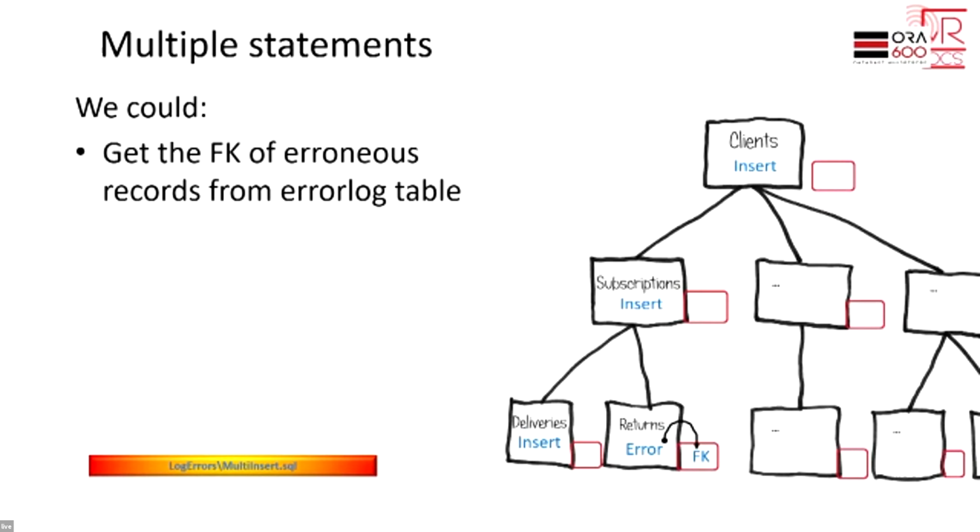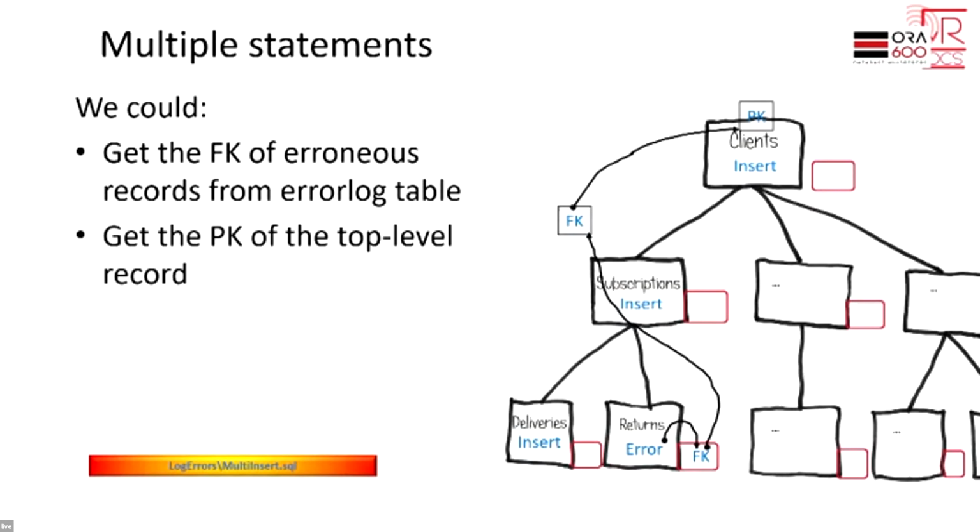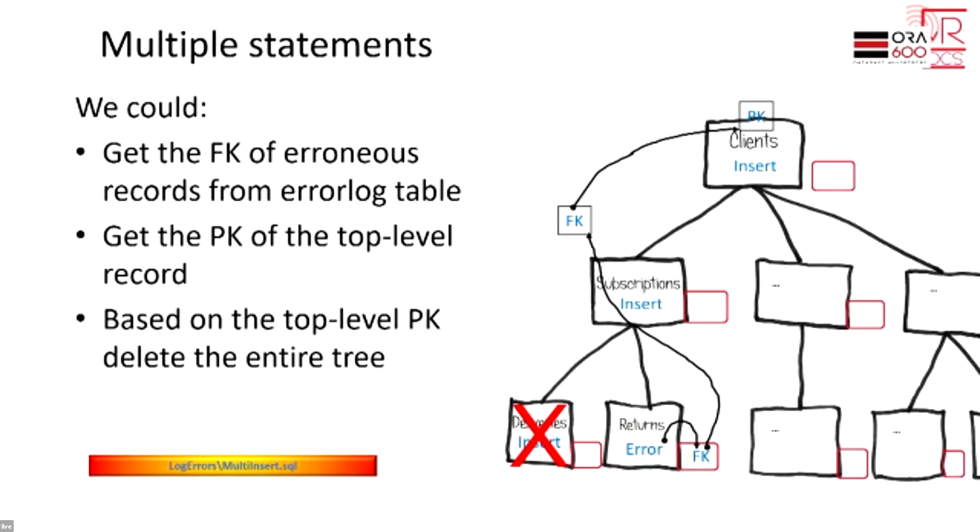Now we can go to the log error table, and in there we will find simply the foreign key to its parent. With that, we can query the subscriptions table to get the foreign key to the client, and now we have the primary key of the client, and based on that, we can simply delete all the records in the entire tree. It's a lot simpler than with save exceptions.